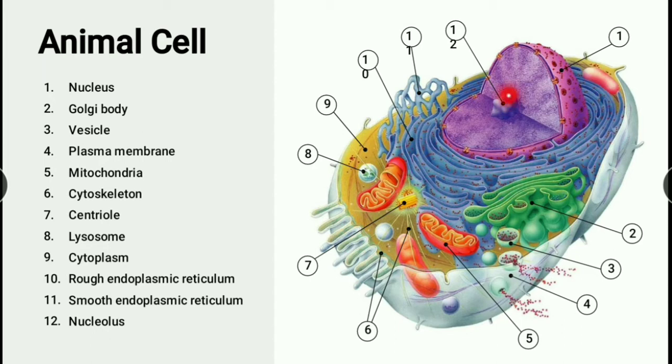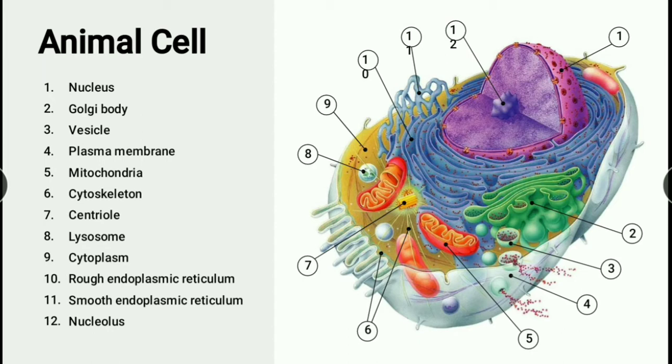And inside the nucleus there will be a structure called the nucleolus. Understood? See here, can you see the nucleolus? And inside the nucleolus you can see the DNA, RNA. What is this DNA, RNA?